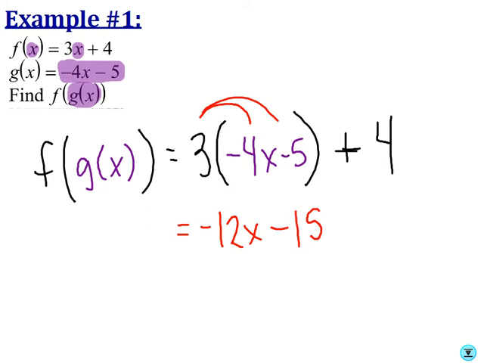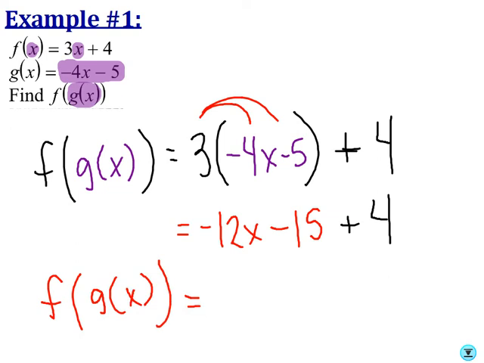And then this plus 4 just comes down with it. So we have fully distributed. We brought down the plus 4. Now we just need to combine like terms. So f composed with g is equal to negative 12x minus 11.